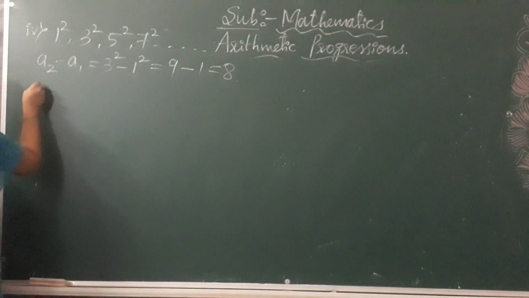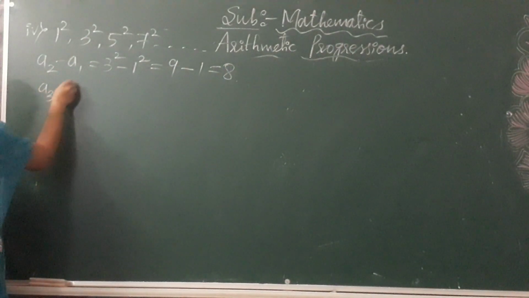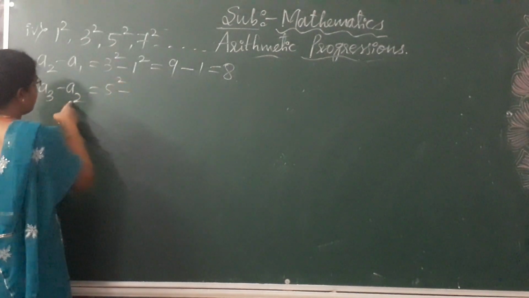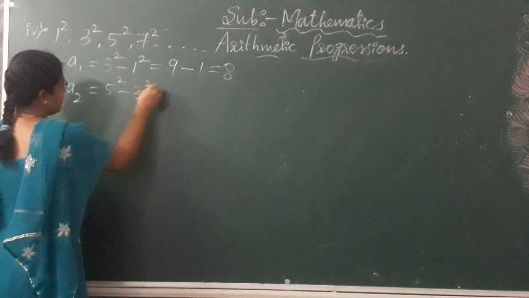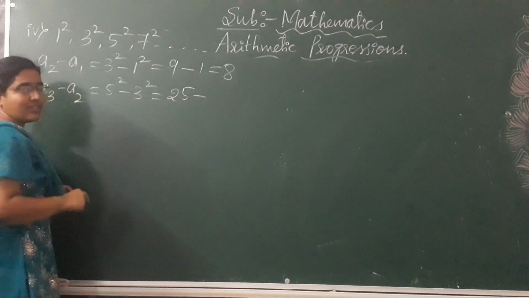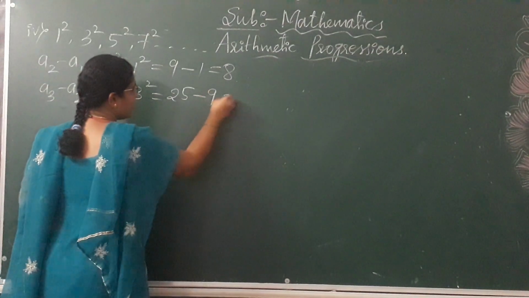Next, the difference between the third term and the second term. The third term is 5 square minus the second term, 3 square. 5 square is 25 minus 3 square is 9. 25 minus 9 is 16. And the difference between the fourth term and the third term.